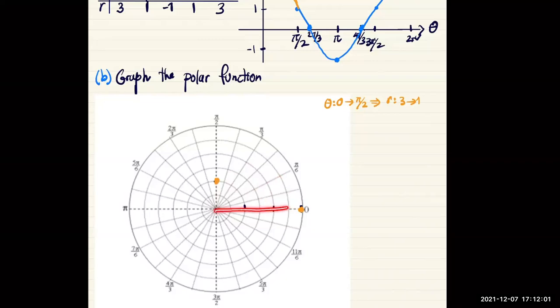So I'm drawing those distances. They're just getting smaller and smaller. Imagine you're drawing a circle, but the radius of the circle gets smaller and smaller. That's what's going on basically.